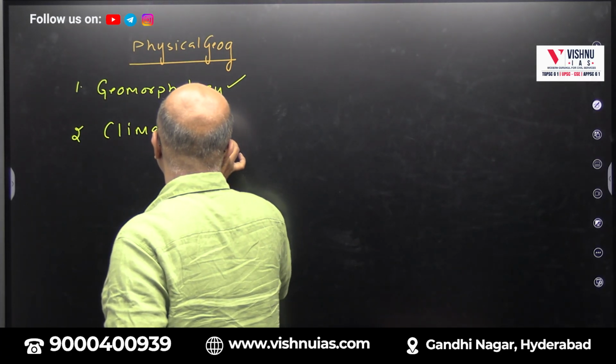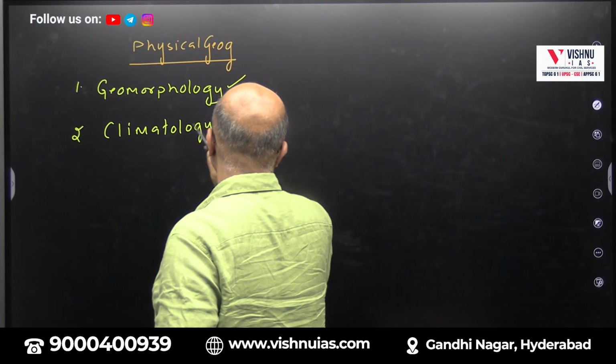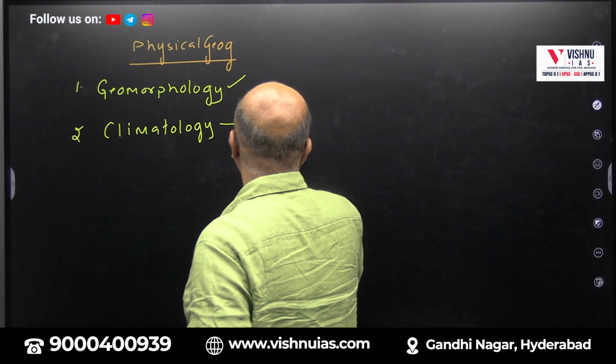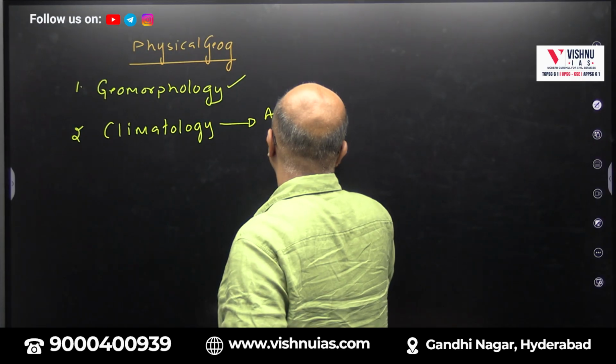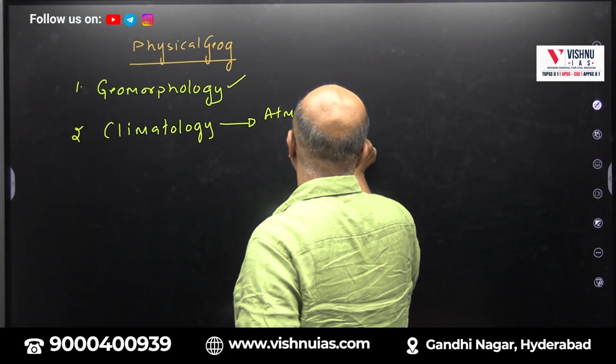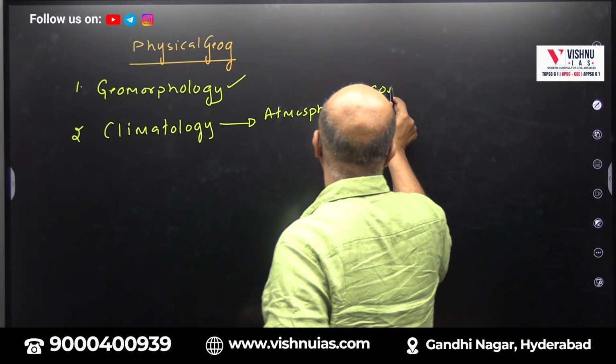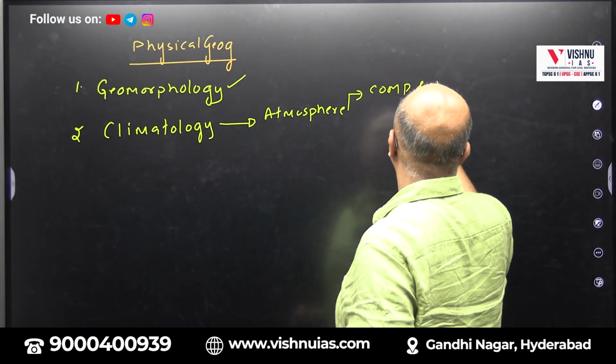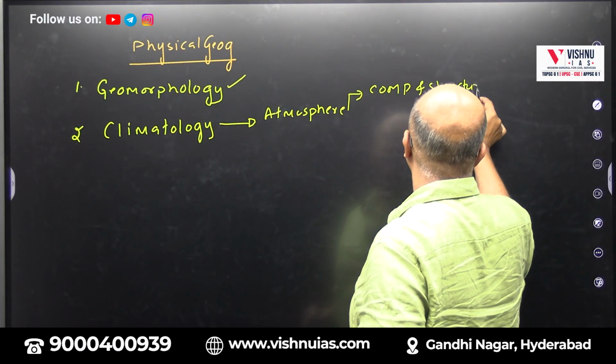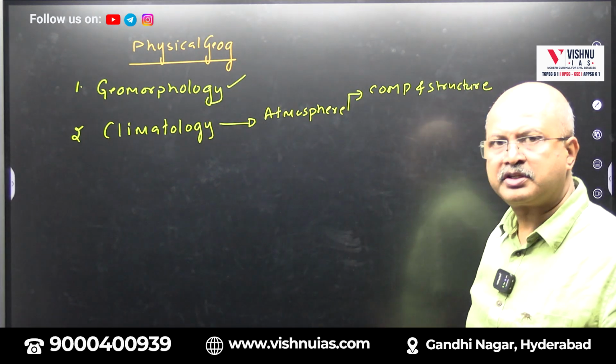Now what has to be studied in climatology? Climatology talks about the atmosphere. What exactly is the atmosphere? In this we have to understand its composition and its structure, how the atmosphere is formed and what is its structure.